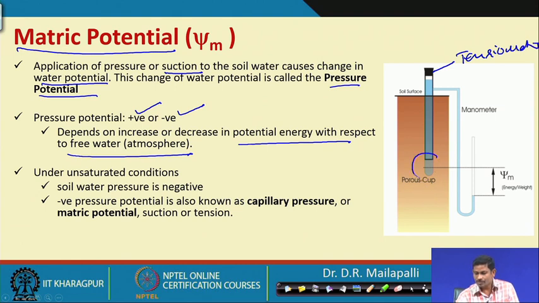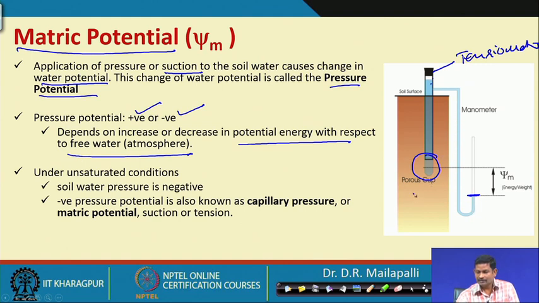It has a porous cup at the bottom, and the top is connected to the manometer. Initially the tensiometer is filled completely with water before installing it, and then you have the initial water level in the manometer.